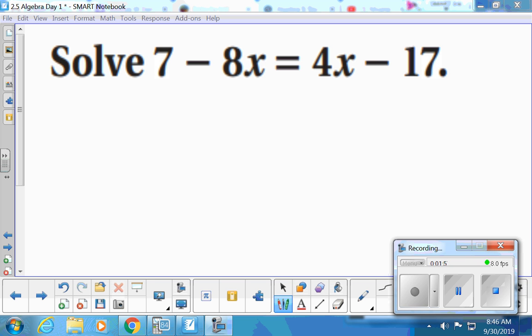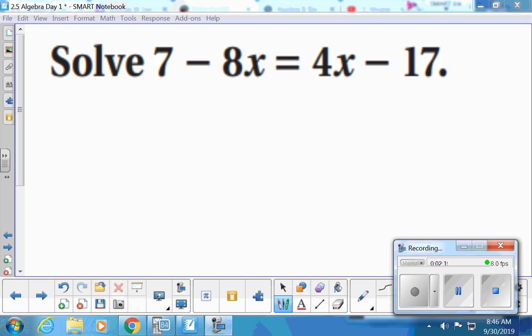So what I mean is, this is a negative 8x, and this is a 4x. Which one's smaller? Negative 8 is much smaller. If you think of a number line, negative 8 lives way down left of 0, but 4 would live up to the right of 0. So this is your smaller term. If you always are moving the smaller to join the bigger, you'll avoid working with negatives more often.